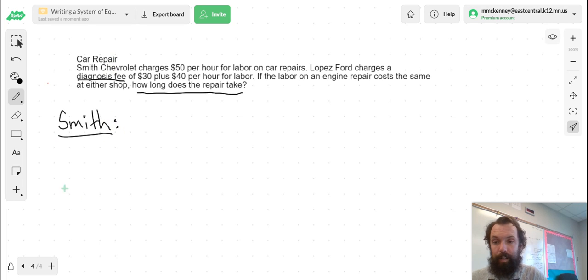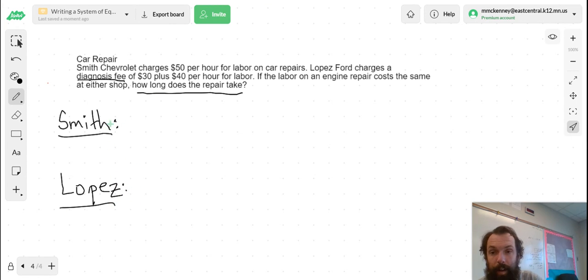A diagnosis is like when you go to the doctor, something you have to pay before they do any work. Diagnosis fee, initial fee. For the total, we're going to use a capital letter for Lopez: $50 per hour, plus 30.